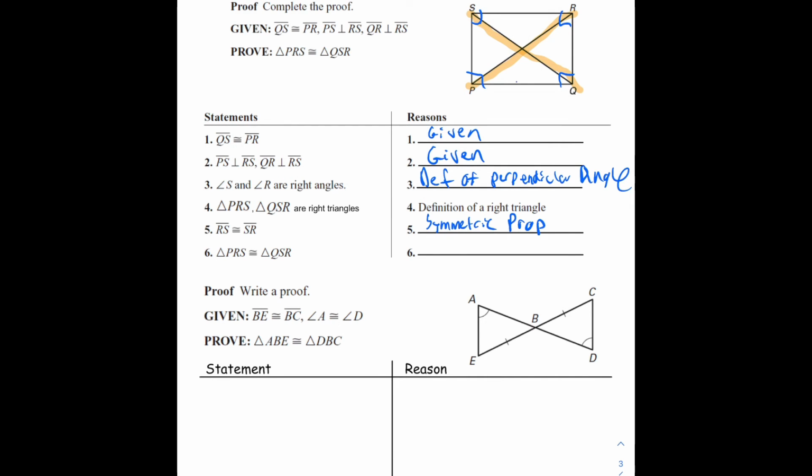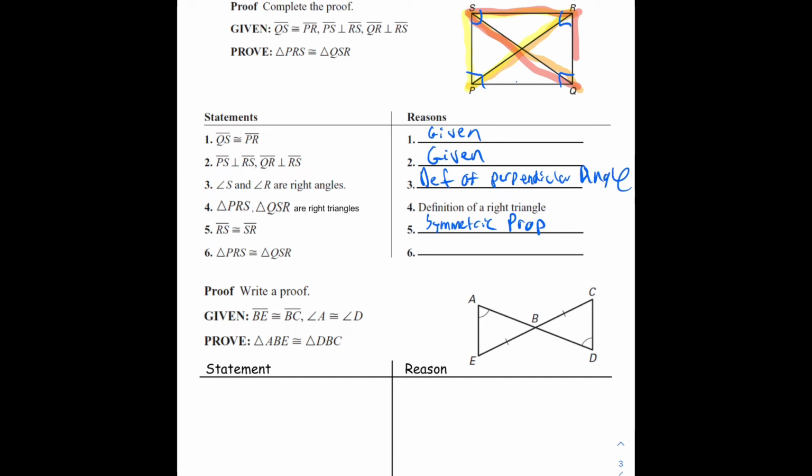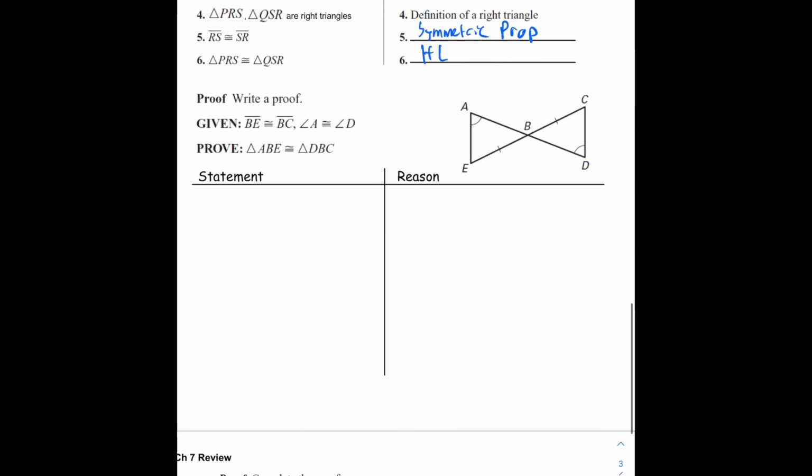Triangle PRS is congruent to triangle QSR by the hypotenuse leg theorem. Okay, we found that the hypotenuse across from 90 was congruent and the leg next to 90 was congruent.